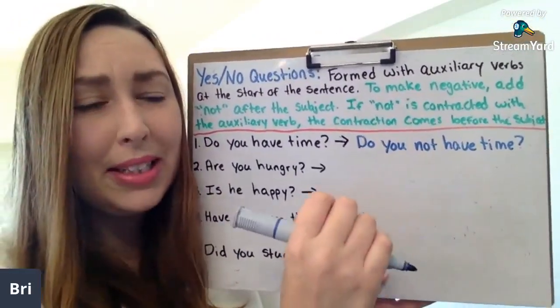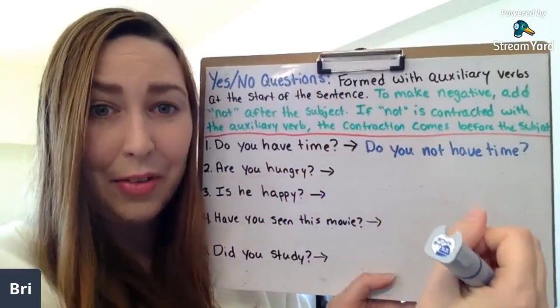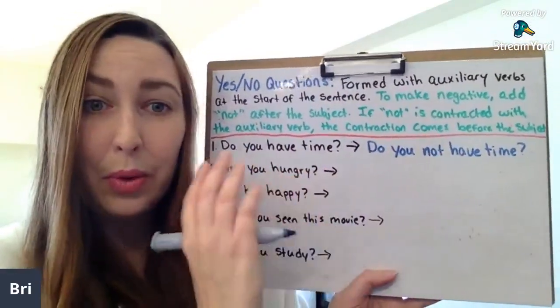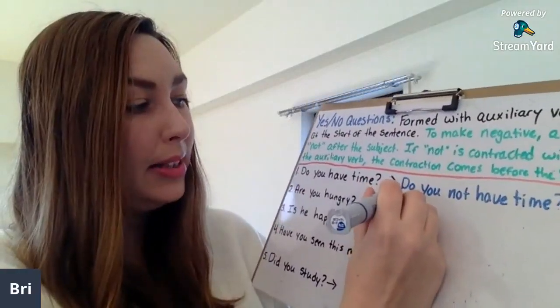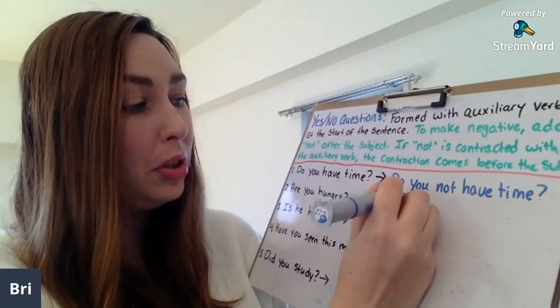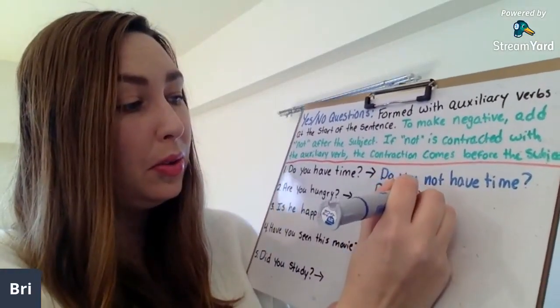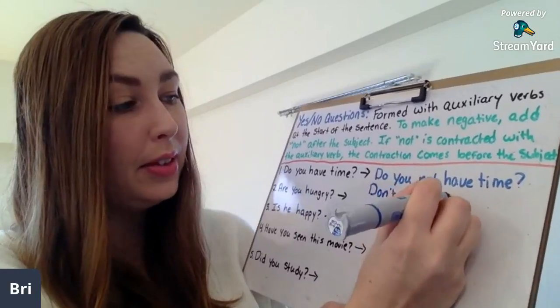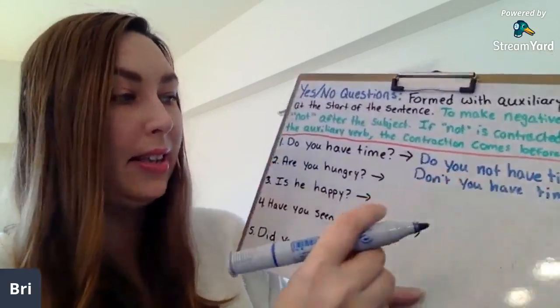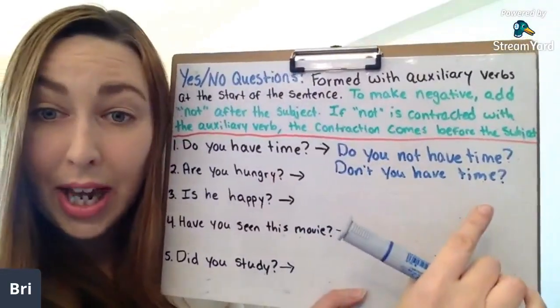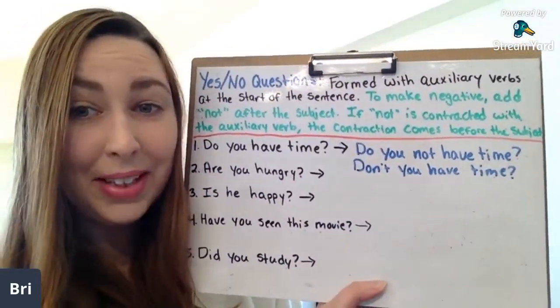It's a little bit of an emphasis. So usually when we simply ask this question, I would recommend saying, don't you have time? I would recommend asking this way. Don't you have time? Okay.